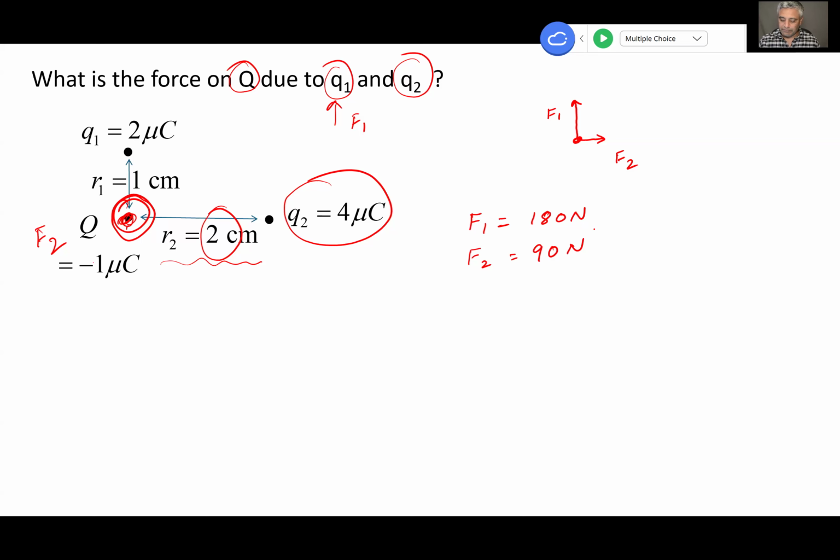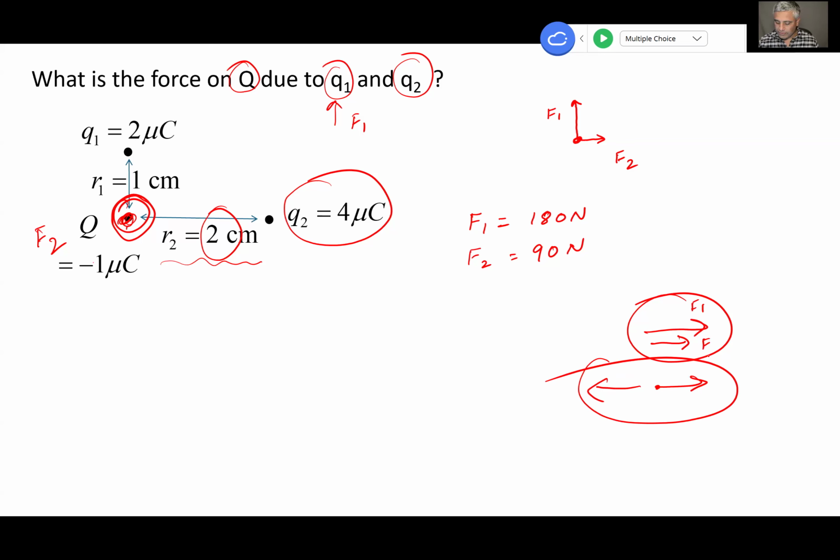Now we need to add them. We cannot just add these numbers because they are not pointing in the same direction. We cannot just subtract them because they are not pointing in opposite directions. Rather, they are making 90 degrees. Same direction and opposite direction are the easiest to calculate once you have calculated F1, F2 and figured out which way they are pointing. Then the next easiest is this one.